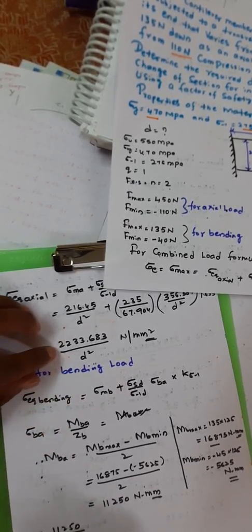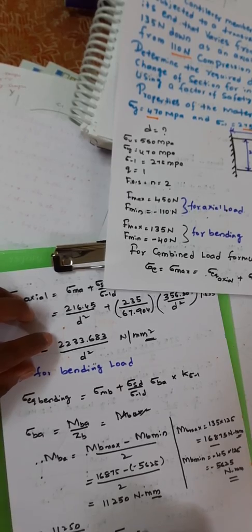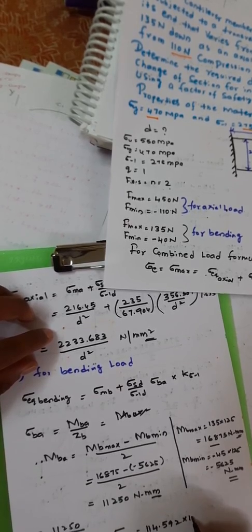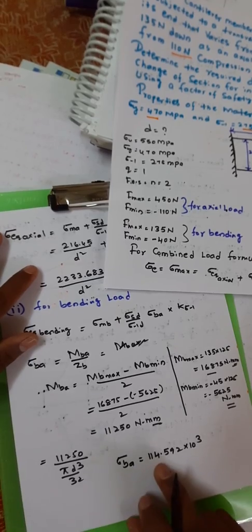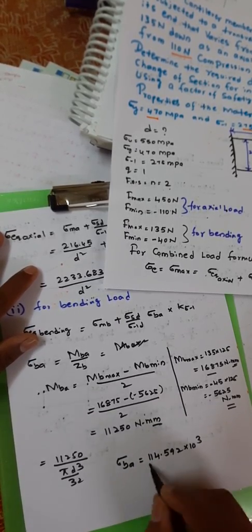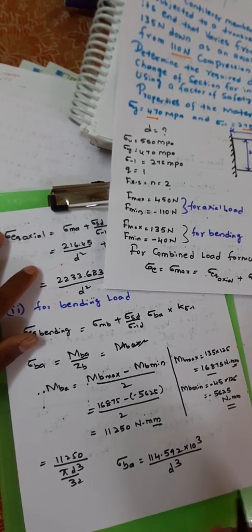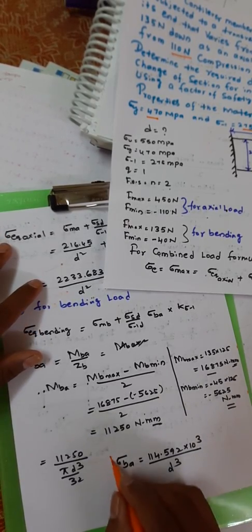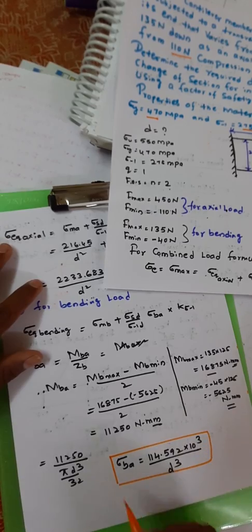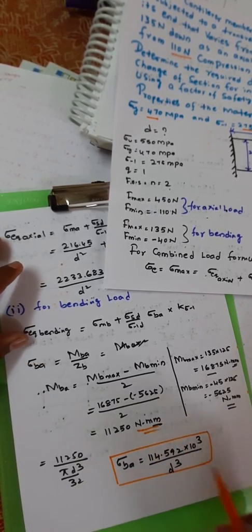If you simplify this, we'll get sigma BA is equal to 114.592 into 10 to the power 3 divided by d cube. This is the value with respect to sigma BA.